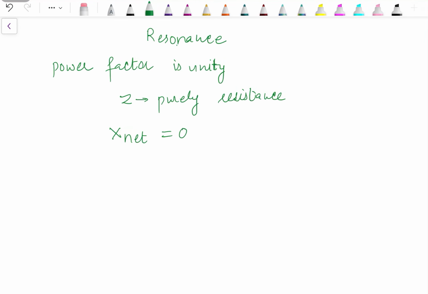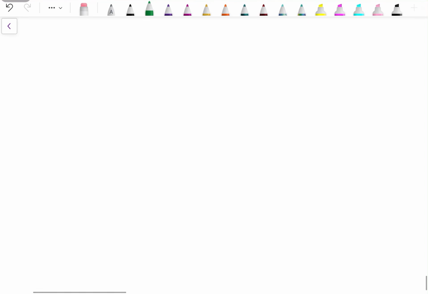Now the series circuit will have some different behavior and parallel circuits behave in a different way under these conditions. So let's start with the series resonance.